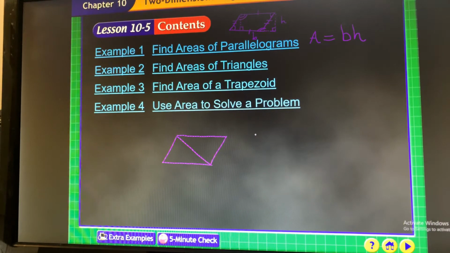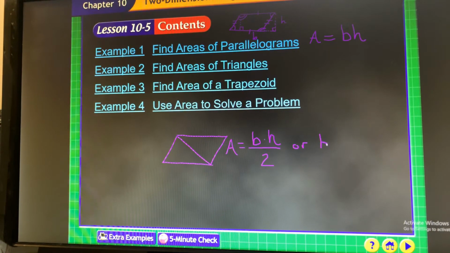So the formula for a triangle is the similar formula to a parallelogram, only you're gonna divide it in half because a triangle is half of a parallelogram. So the area of a triangle is equal to base times height divided by 2. That's one way to write it. Or you can write it like this, base times height divided by 2, whichever one you want to remember. So this is your triangle formula. So this is for the triangle. This is covering one of these.